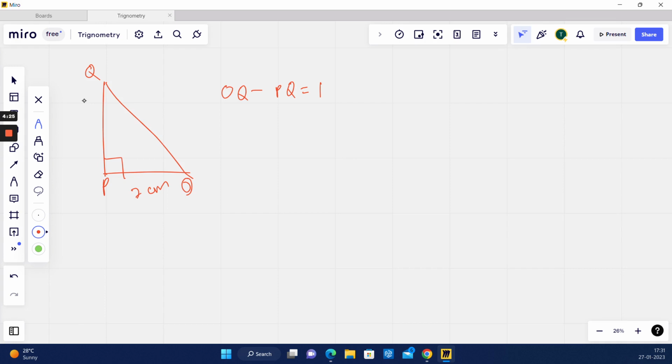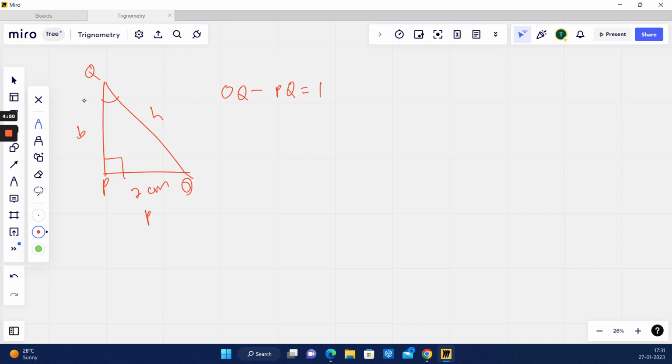So we are given OP. Okay. So now let's use the formula. This is hypotenuse, this is perpendicular, this is base, right? We need to find in reference to Q, right? So opposite will become perpendicular, this will become base.